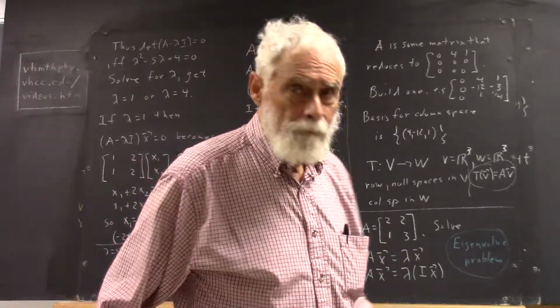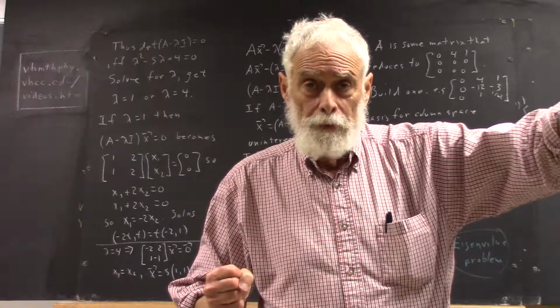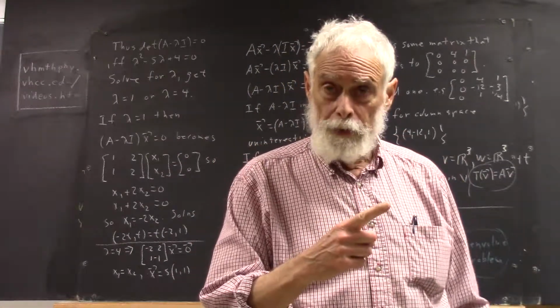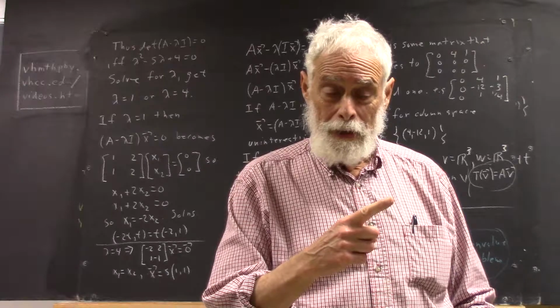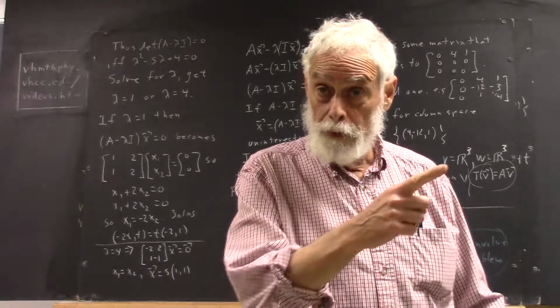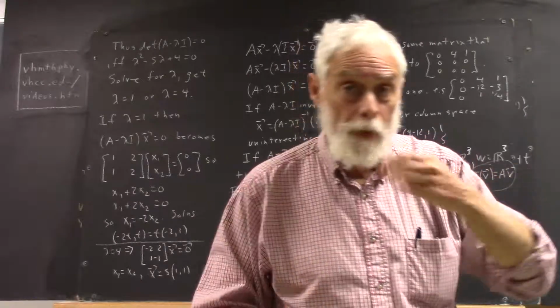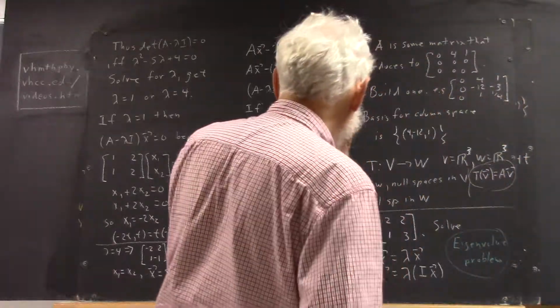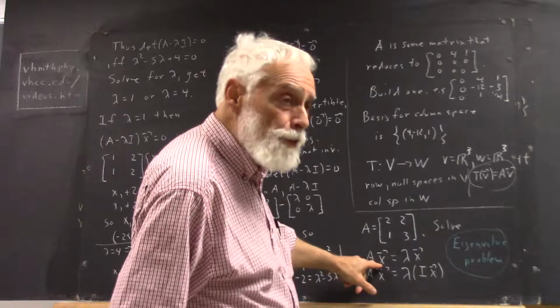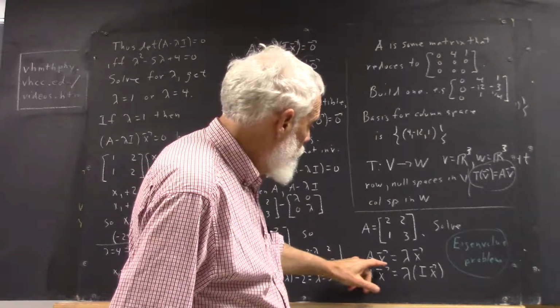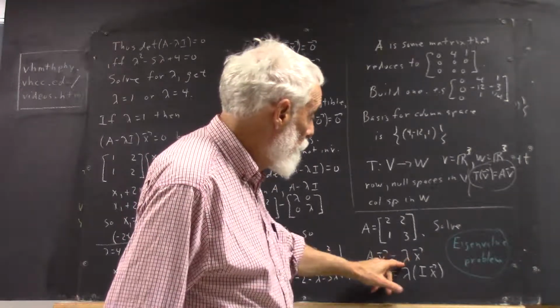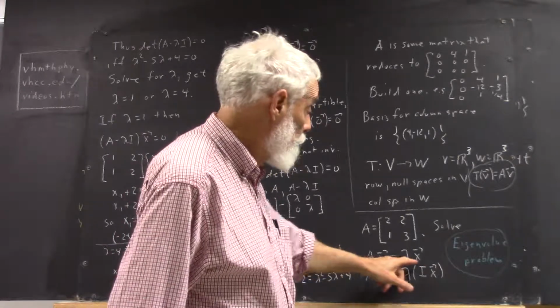Now, if it stretches in some direction, that means it takes any vector in this direction and transforms it into a vector in the same direction, but longer or shorter. Which means if x is such a vector, then A times x is going to be some multiple of x. It's going to be in the same direction as x.